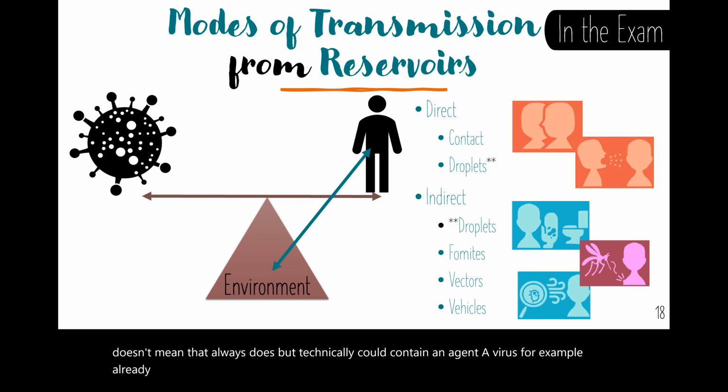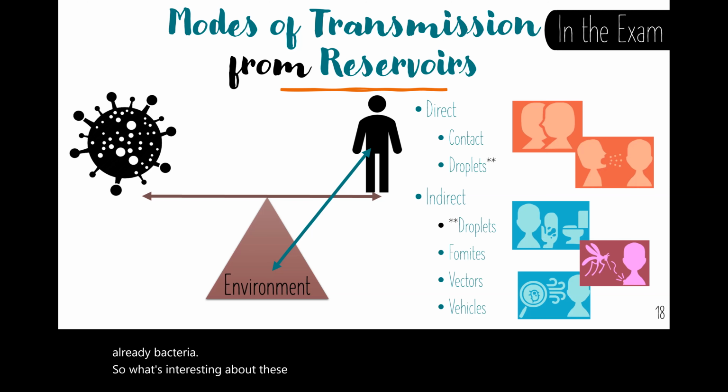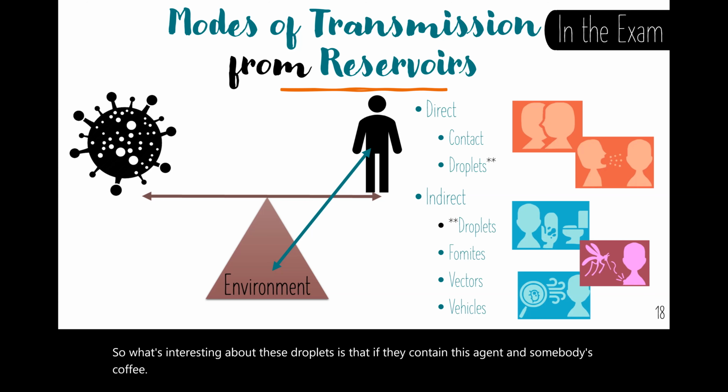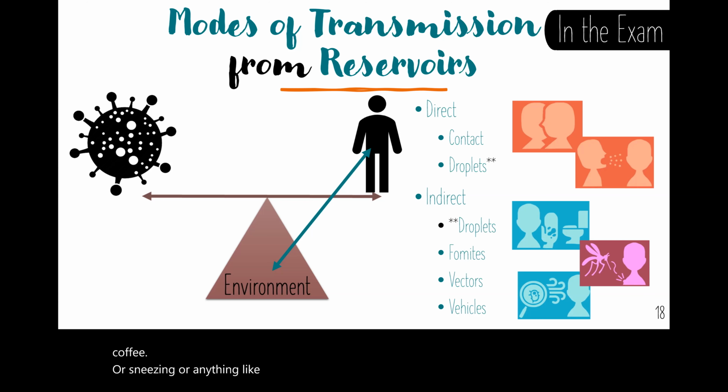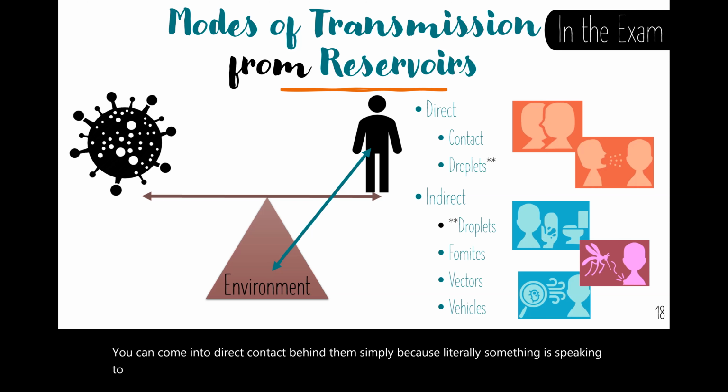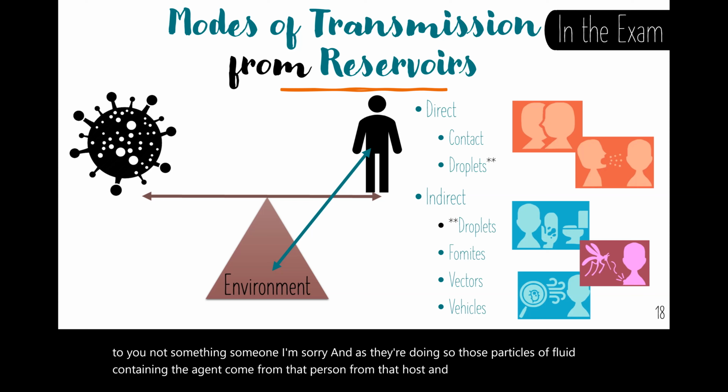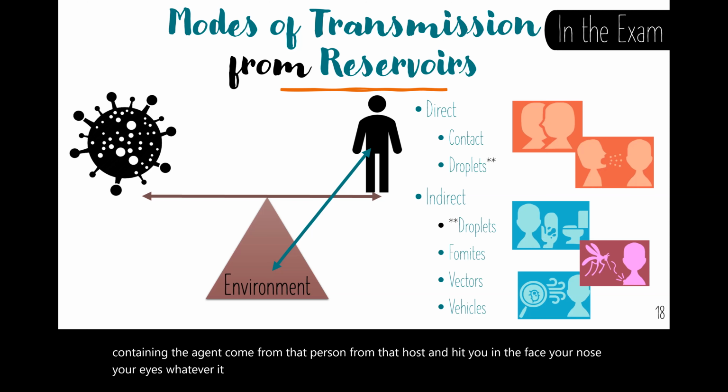What's interesting about these droplets is that if they contain this agent and somebody's coughing or sneezing, you can come into contact simply because something is speaking to you, not something, someone, I'm sorry. As they're doing so, those particles of fluid containing the agent come from that host and hit you in the face, your nose, your eyes, whatever it is, and then you rub them in. That's how you get that particular agent inside of you. So let's say direct contact with those droplets.